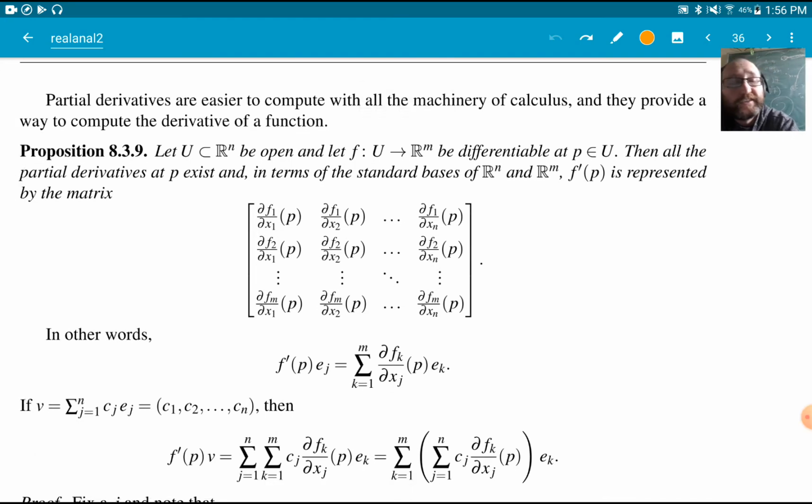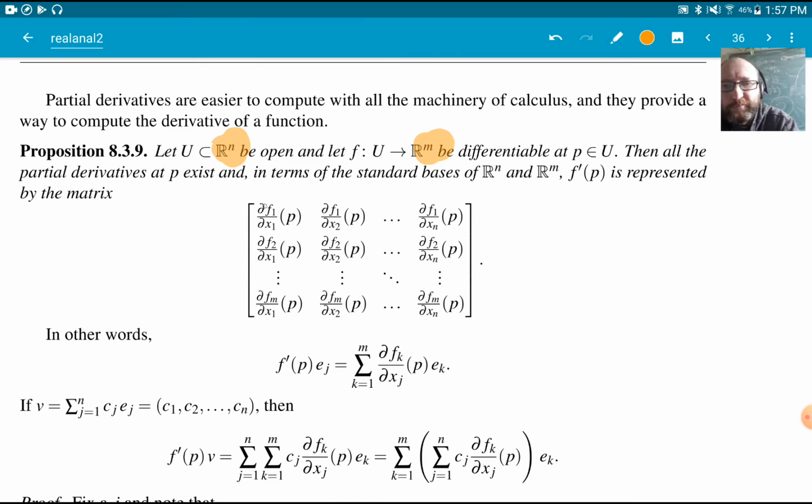All right. So now, if you noticed, here it's, I guess, n and m. If we have a function from Rn to Rm, we had the m by n possible derivatives that we could compute, right?